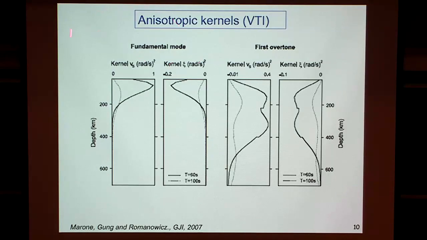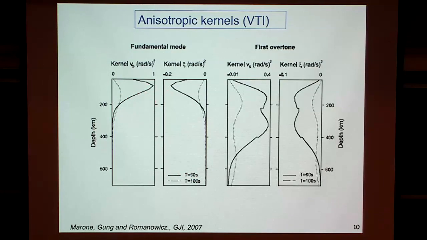Here, this is a fundamental mode Rayleigh wave, and this is a first overtone Rayleigh wave, and this is the depth dependence of the kernels, so the sensitivity to structure at different depths of this Rayleigh wave at 2 different periods, 60 seconds and 100 seconds.